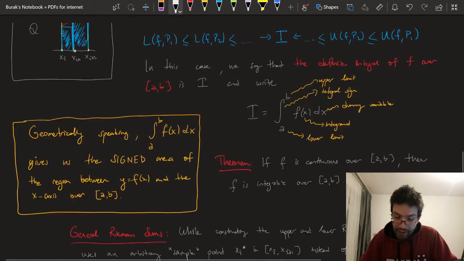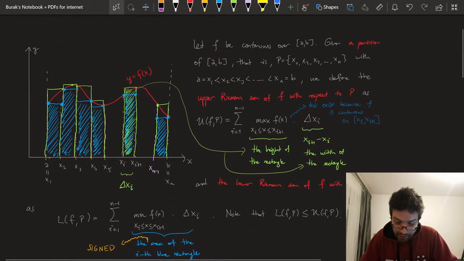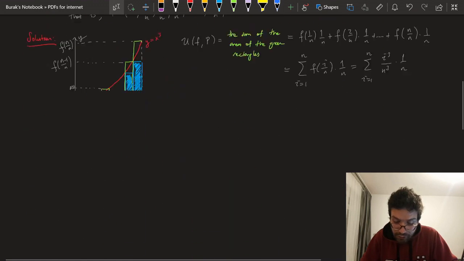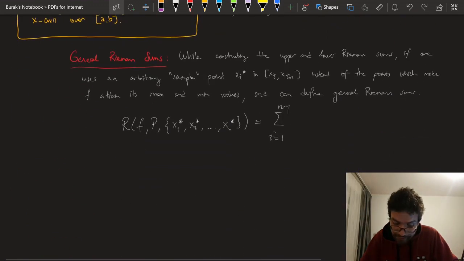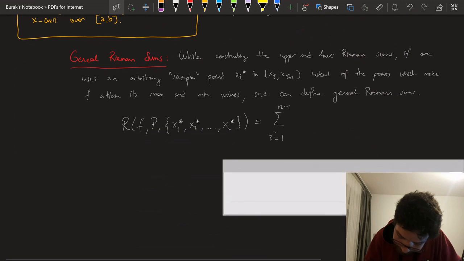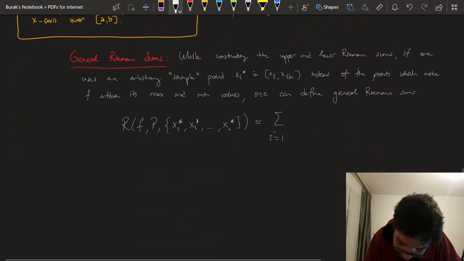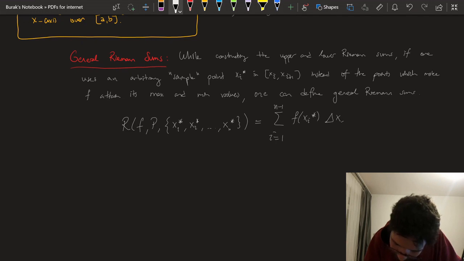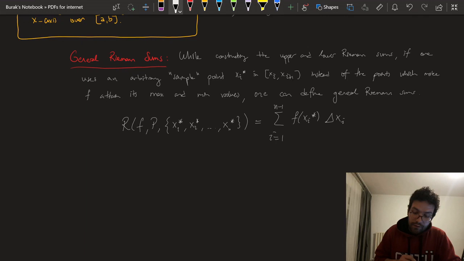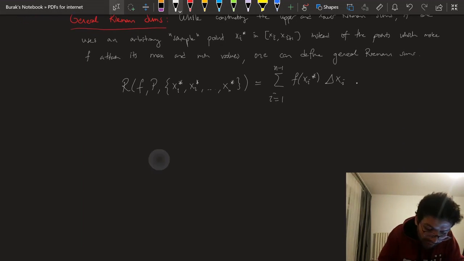You're going to have the exact same thing here, except instead of this max, you're going to use the value of your function at the corresponding sample point. So you're going to have xi star here and delta xi.